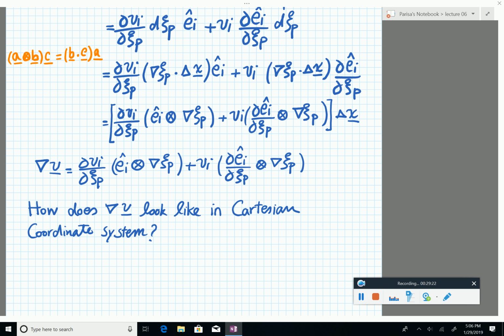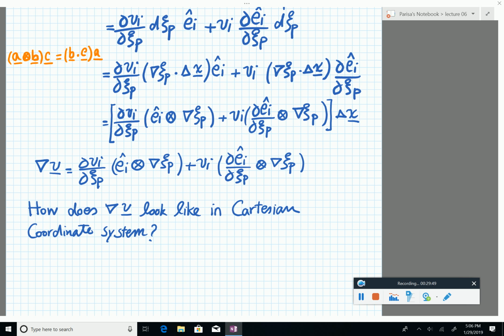The second thing you know is the gradient of the coordinate function in the Cartesian coordinate system. What is it? What is the gradient of coordinate x^p? It's just e^p. That's all you need to know.